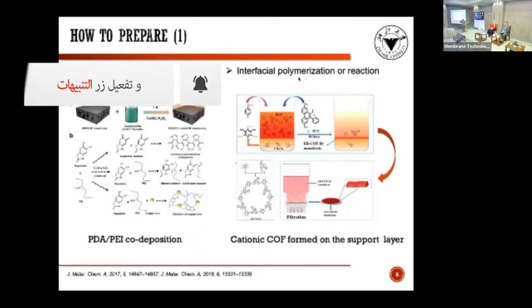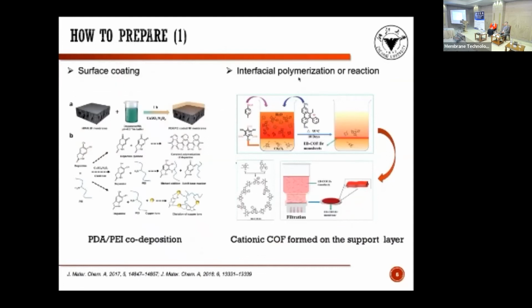As mentioned above, the main positively charged segments are quaternary ammonium groups, PEI, and chitosan. Therefore, all the methods introduce such segments onto the separation layer. The first one is surface coating.